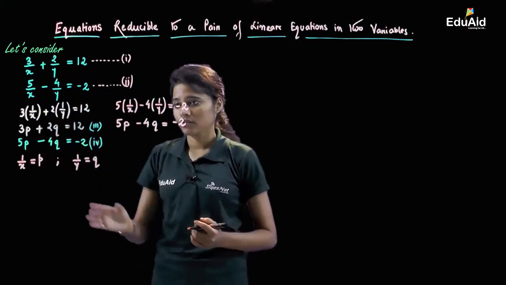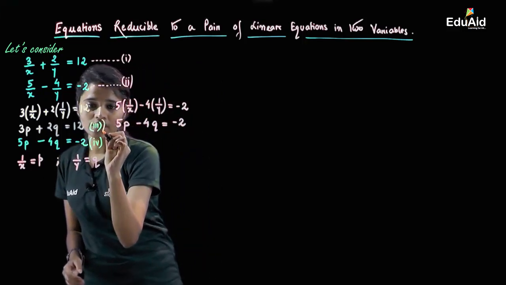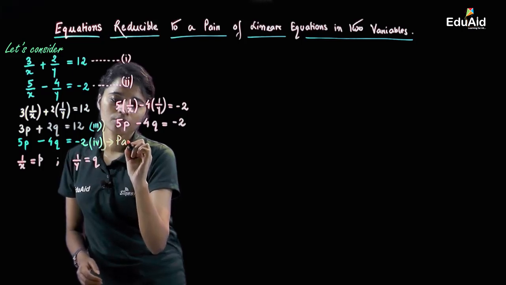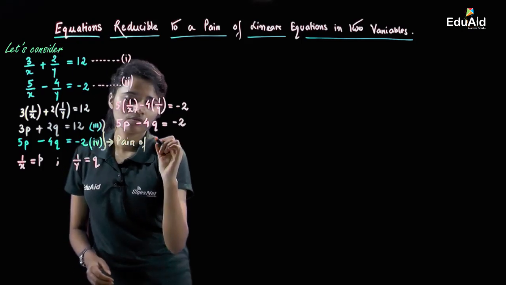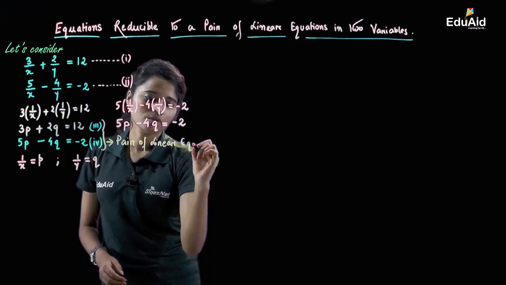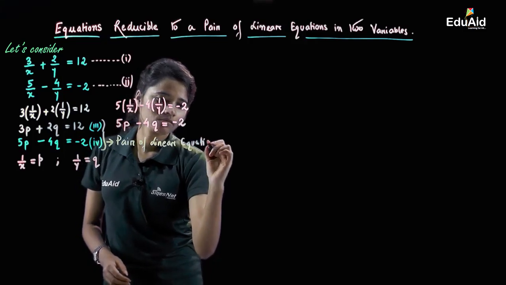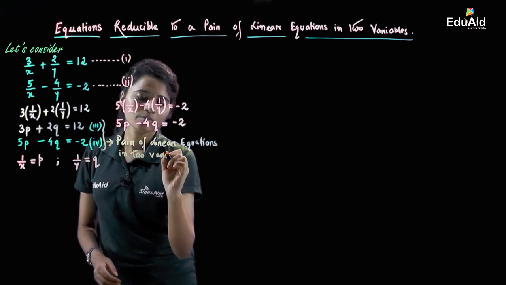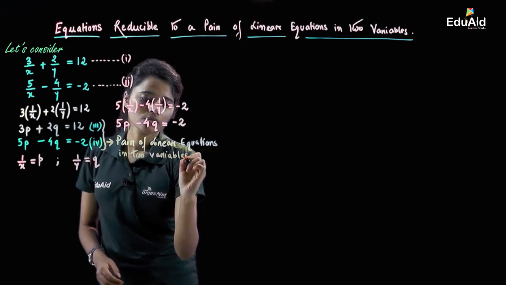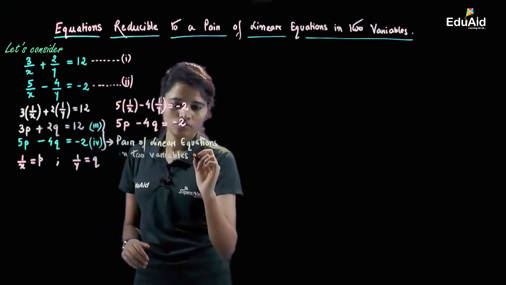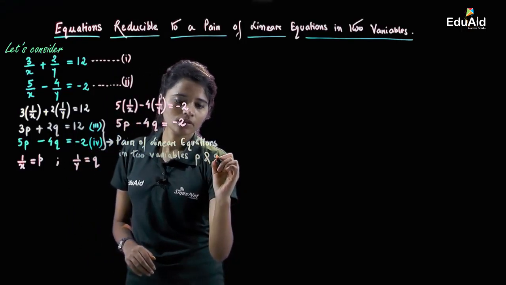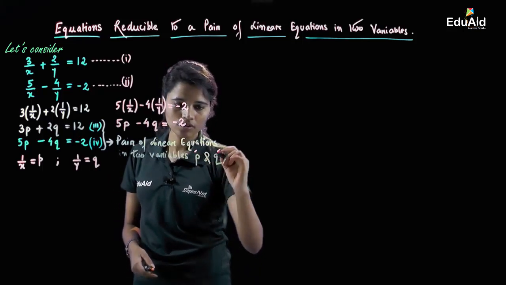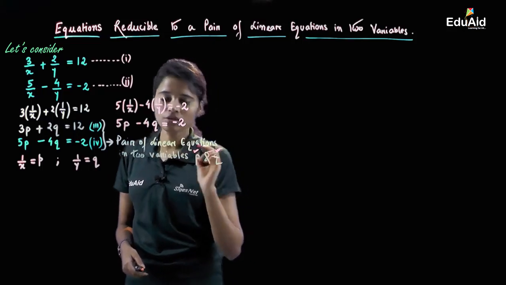This is a pair of linear equations in two variables. What are the two variables we have chosen? It's p and q. So these are the new variables introduced, p and q.